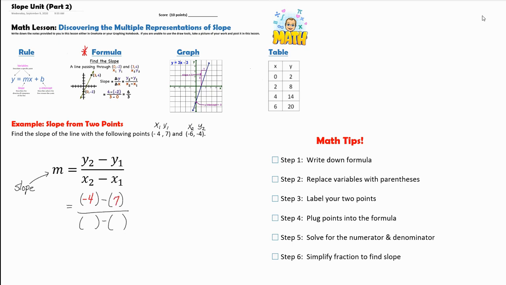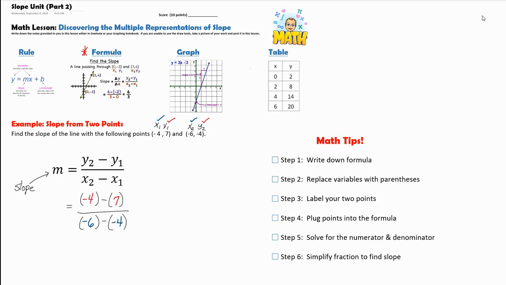So here is our -4, and here is our +7. Now underneath that, we have x sub 2, which represents -6, and x sub 1 is -4.